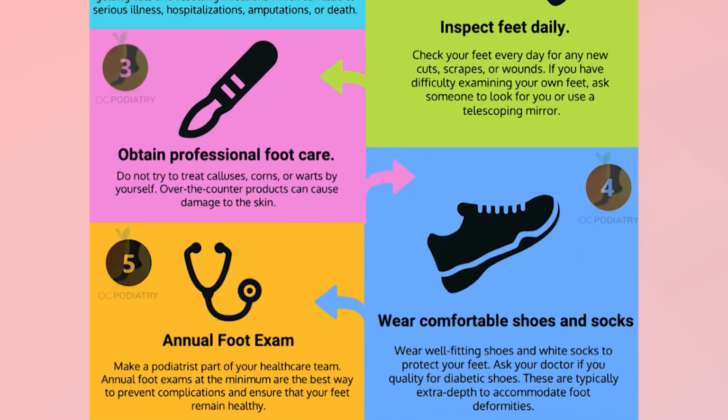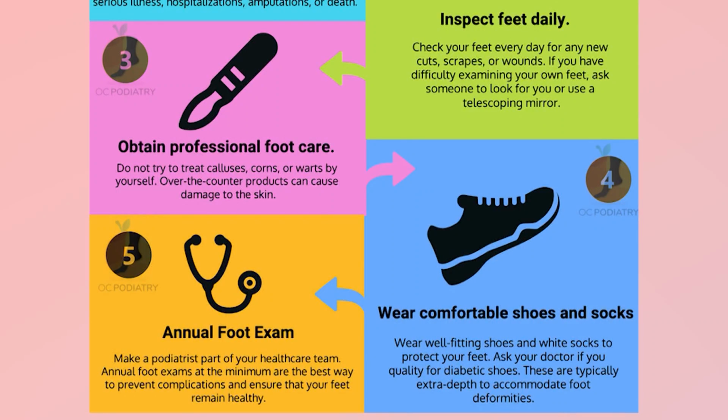If you're a diabetic or you're at risk because you have peripheral neuropathy, it's very important for you to, one, keep all of your medicines, your blood pressure medicines, your diabetic medicines. Follow your doctor's direction exquisitely. Make sure you're keeping all these problems under control. You want to make sure that you inspect your feet on a daily basis.